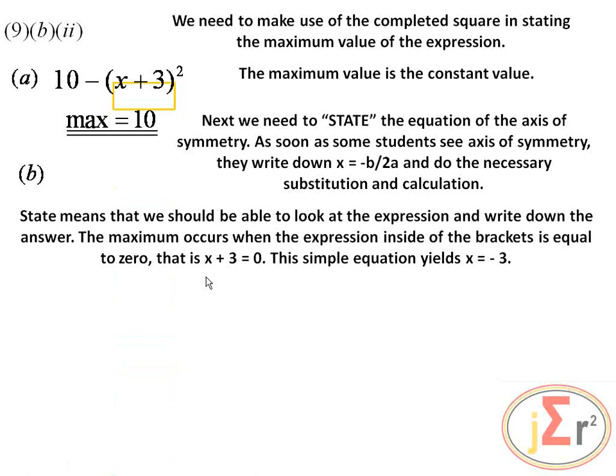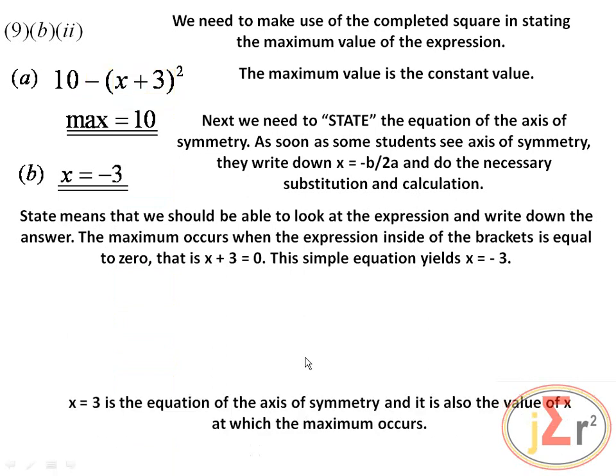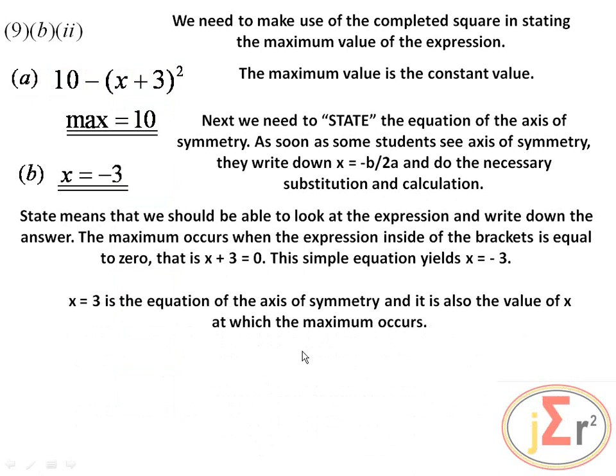X is equal to negative 3, and that is our equation of the axis of symmetry. It is also the value of x at which the maximum occurs.